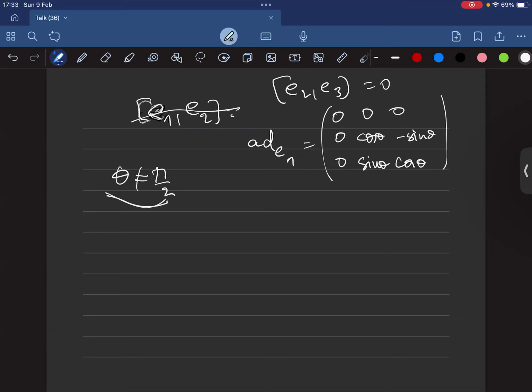As we said, Guediri proves that in the case where theta equals pi over 2, all left-invariant metrics are complete.